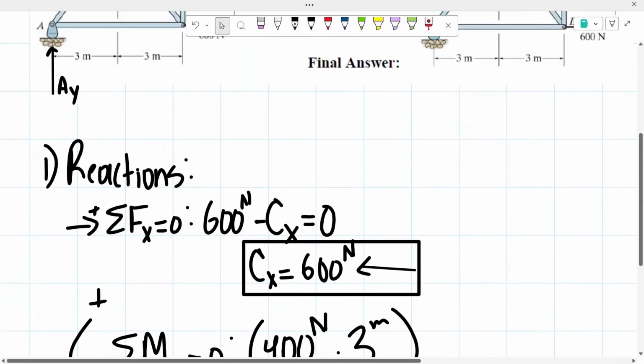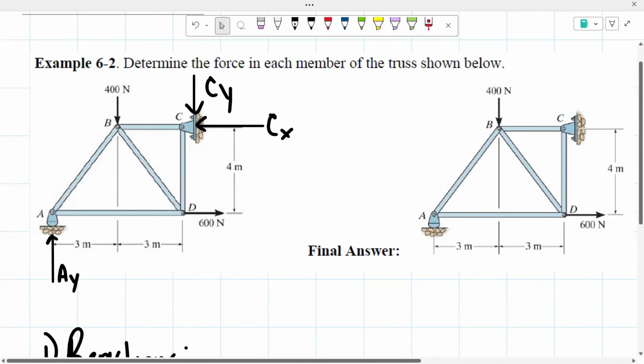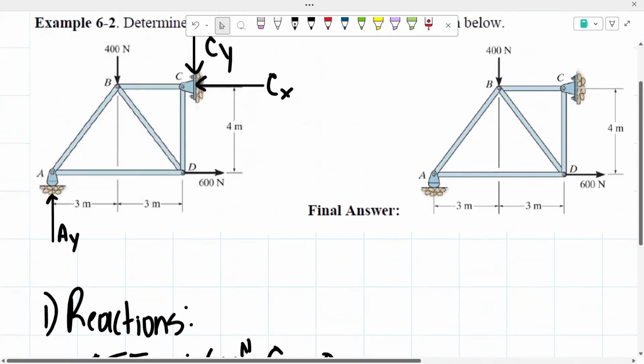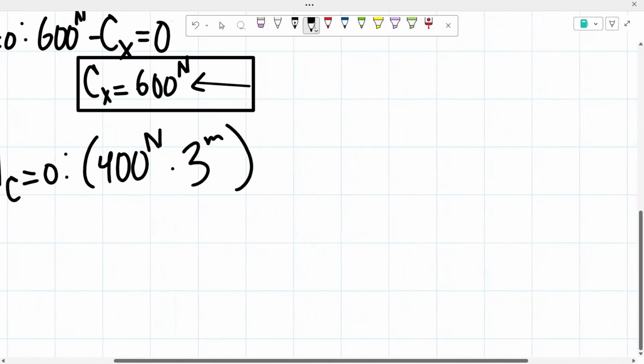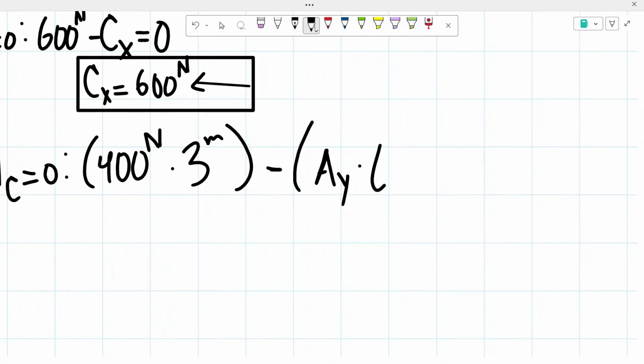From there, we have our force A sub y. This one's going upwards, so it's going to be creating that clockwise moment, negative moment. And the distance is going to be 6 meters. So negative moment of the force we're trying to determine times the distance, 6 meters.